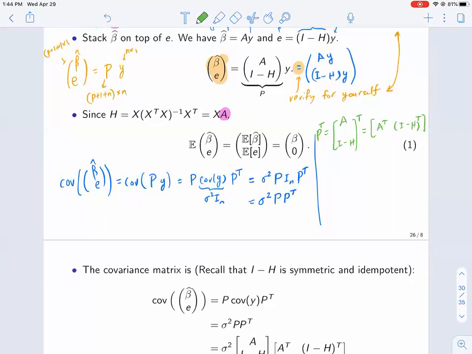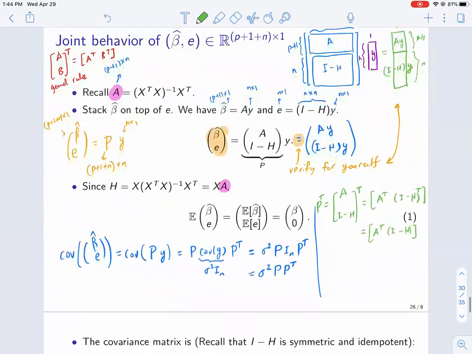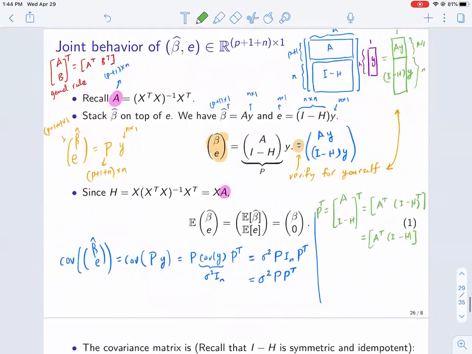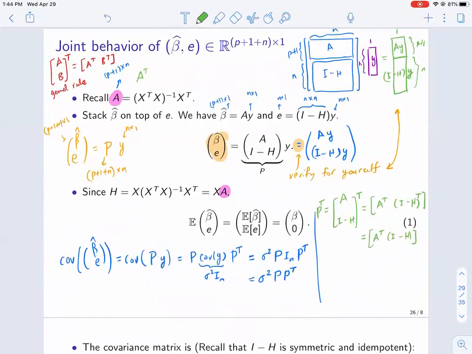So what is I minus H transpose? It's still I minus H. Why? Because it's a projection matrix. Yes, exactly. It's idempotent, so you get this, but A transpose is not equal to A. So what is A transpose?